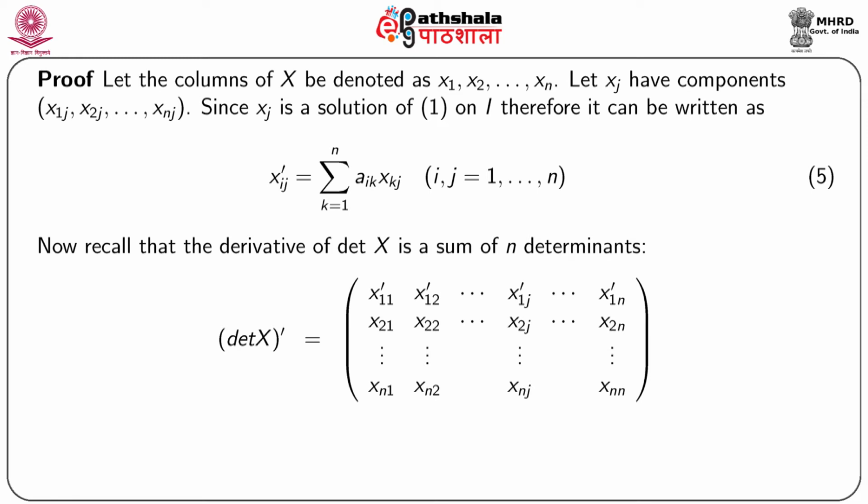And hence, we use equation 5, which says that x'ij is equal to summation k equal to 1 to n of aik xkj. So, we replace x'11 by this expression, x'11 equal to summation of a1k xk1, k equal to 1 to n.